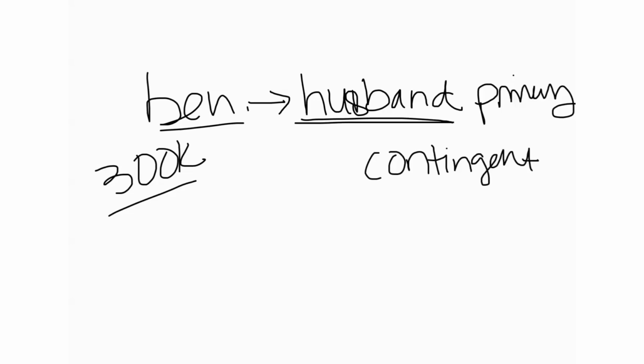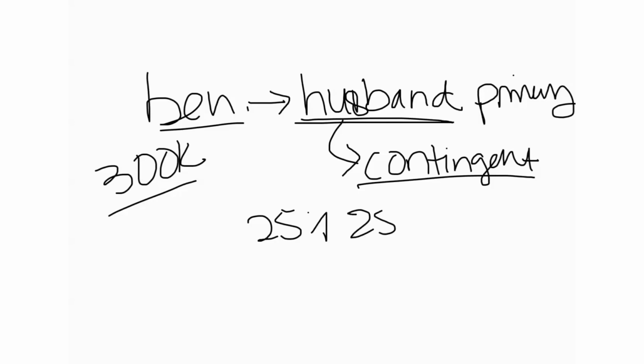So let's say I die, my husband gets 300 grand. But what if we died together? And so we can't pay him. So we have who's next in line to get that. And I can have a bunch of contingents. I have 4 kids, so I can split it 25% amongst each kid. Maybe you have a favorite kid and they get more. I don't know. But contingents get nothing unless the primary is dead as well as the insured.